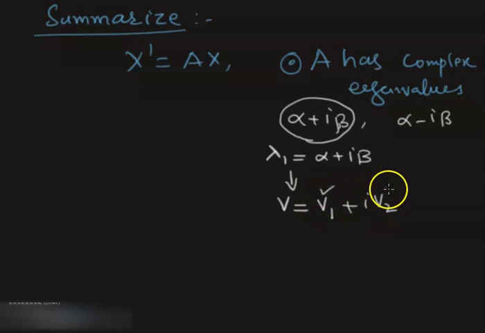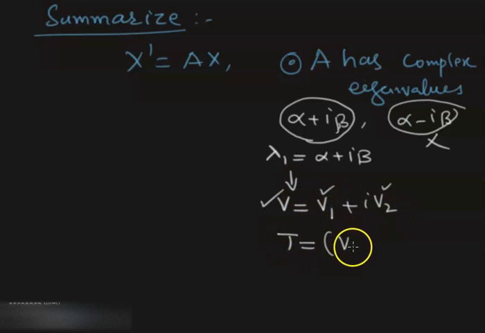You don't need to touch the other eigenvalue. You just pick one eigenvalue, calculate the eigenvector, and then from v1 and v2 you form the matrix with columns v1 and v2, and then you calculate its inverse.